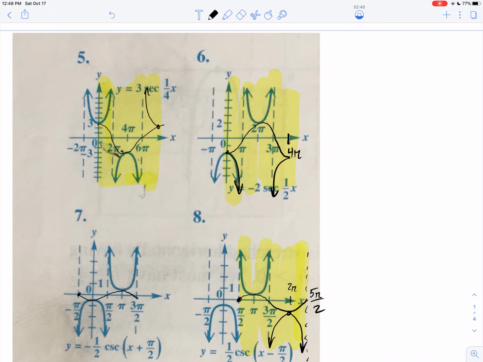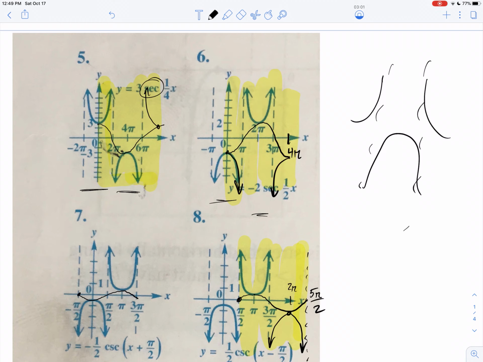For some reason, whoever made this answer key wanted every answer to look like you up, you down, you down, you up. But we know that when we're graphing a secant, this guy's a secant graph, it has that look where two of them are on the outskirts and one guy's in the middle between the asymptotes. We have that type of look if we graph one period of the function.